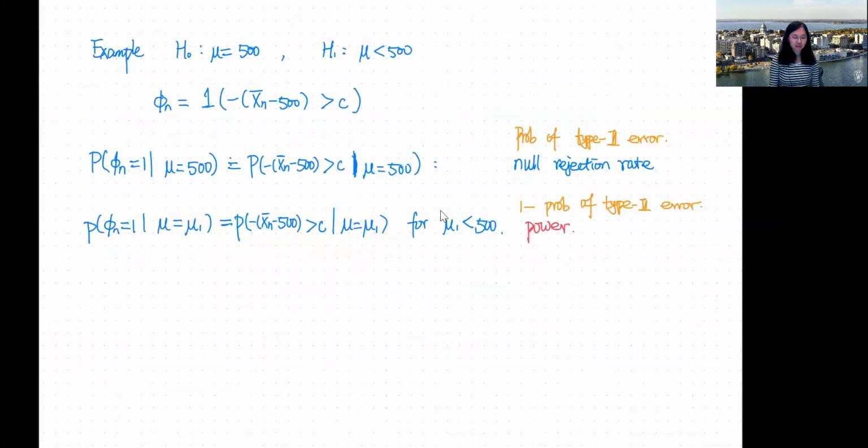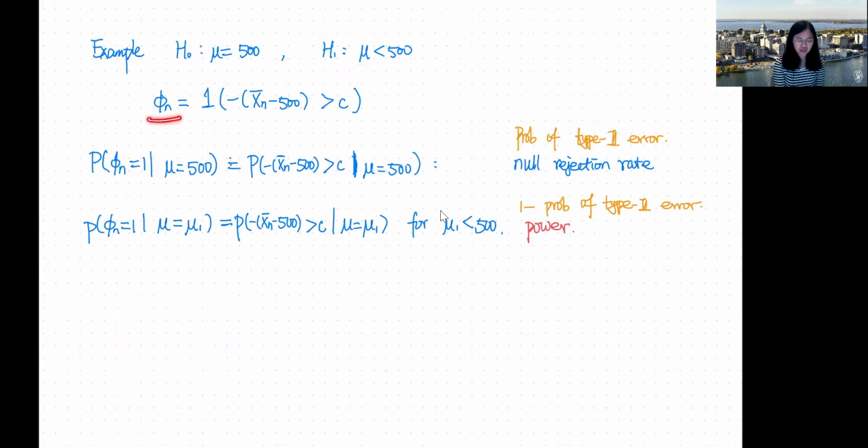Now let's go back to the example of the battery runtime. For the battery runtime, the null hypothesis is mu equals 500, and the alternative is that mu is less than 500.